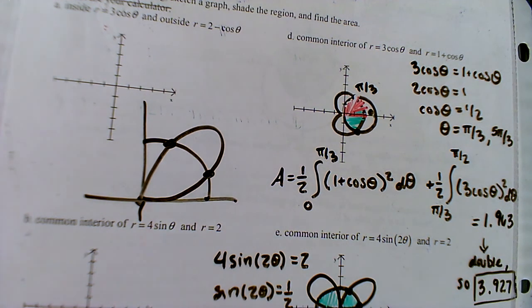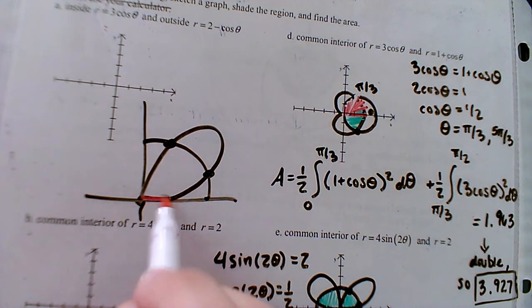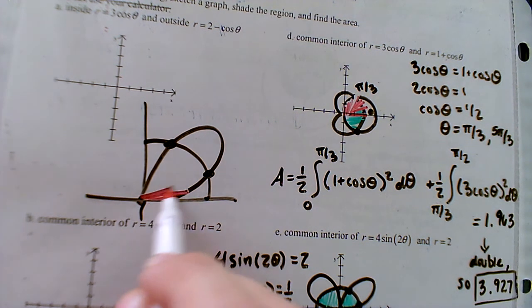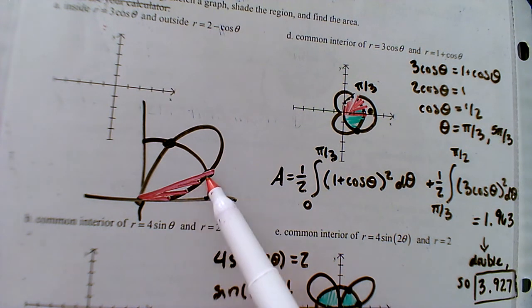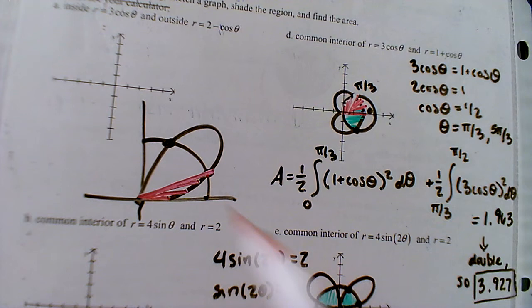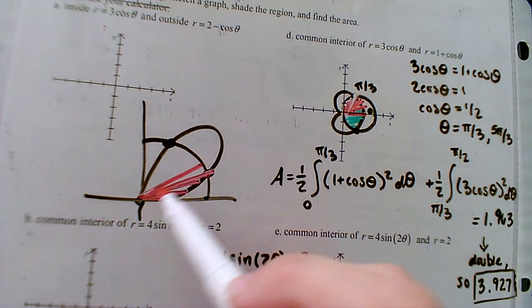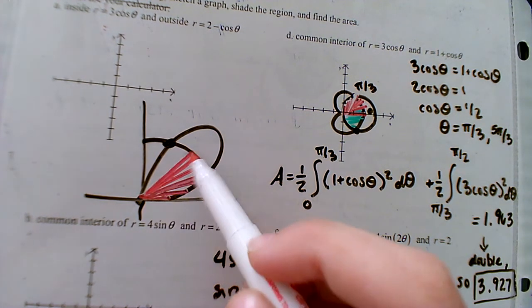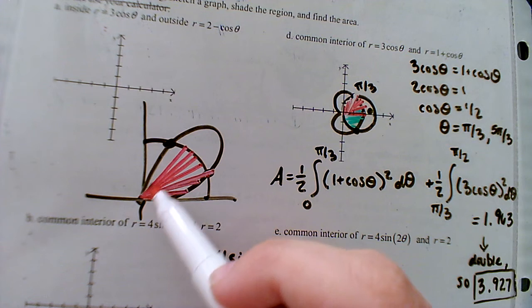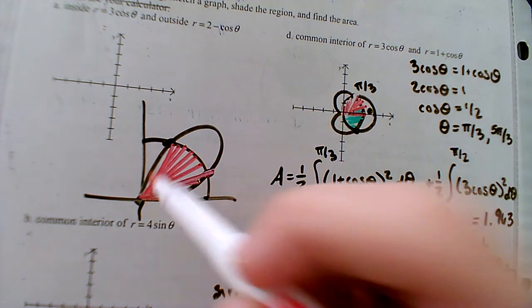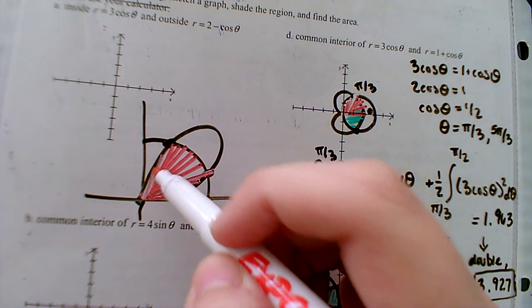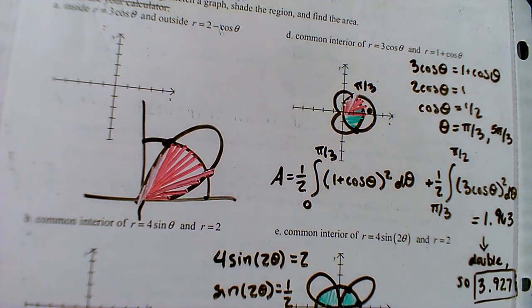If we start with an angle of 0, okay, we're looking this way, and then as we rotate, notice how we are initially looking at the petal portion, and then the moment we get to the first intersection point, we are then looking at the circle. But then the moment we get to the next intersection point, we start to look back at the petal part. Do you see how it changes as you go through?